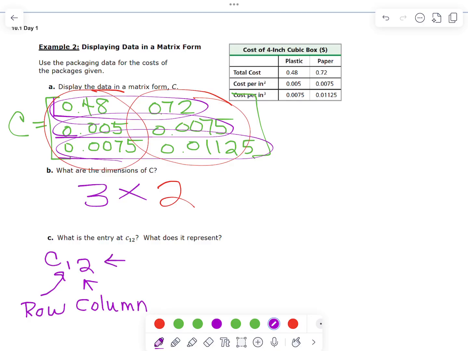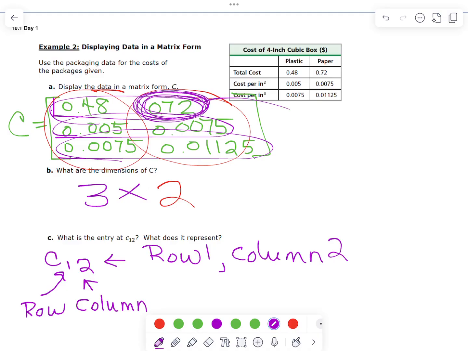So we go to row 1 and then column 2 in the matrix C. So we're going to row 1, column 2, and I'm just going to highlight that entry point. So that's the element 0.072.